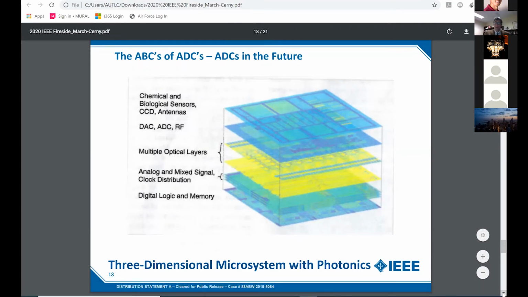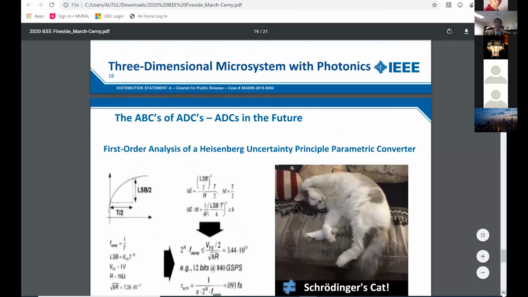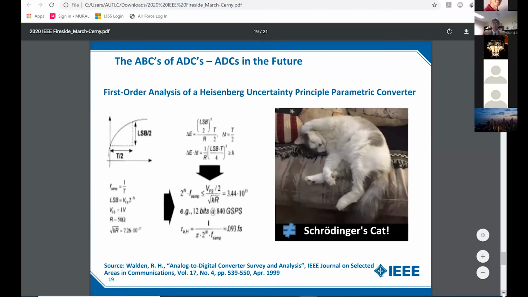Okay, and finally, you've probably been hearing a lot in the news about quantum technologies. And a little more than 20 years ago, there was a fellow by the name of Robert Walden who began to do surveys on analog to digital converters and the analysis of their properties and their performance metrics.